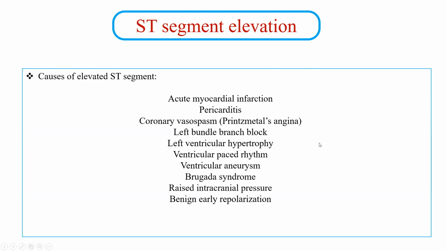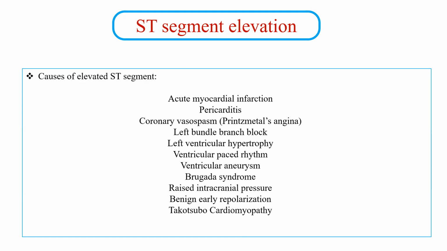And benign early repolarization, this is very important because we will talk about it briefly. And Takotsubo cardiomyopathy as well is a cause of ST segment elevation. So all of them can present like a STEMI, which is ST segment elevation MI. So how do we differentiate between all of them? You have to understand that the EKG is not interpreted by itself.